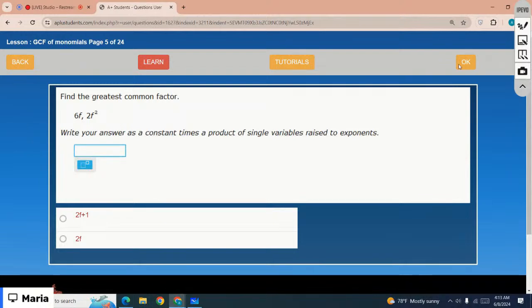The correct option is option number 2. 2f is the correct option.